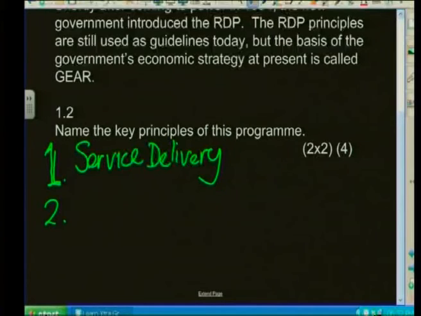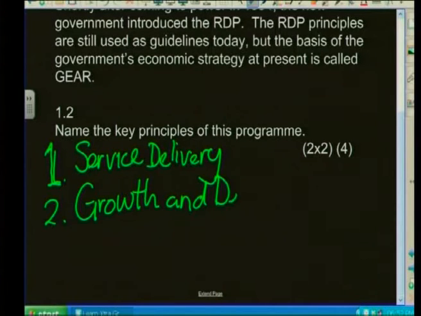Number 2, growth and development. Whilst service delivery was important, it became also important for the government to ensure that all the people of the country had a growth and economic path in terms of developing their lifestyles.